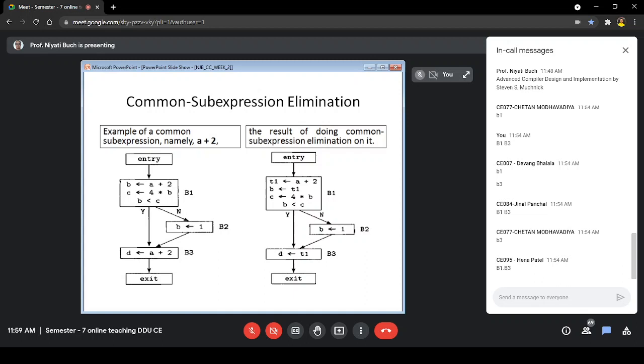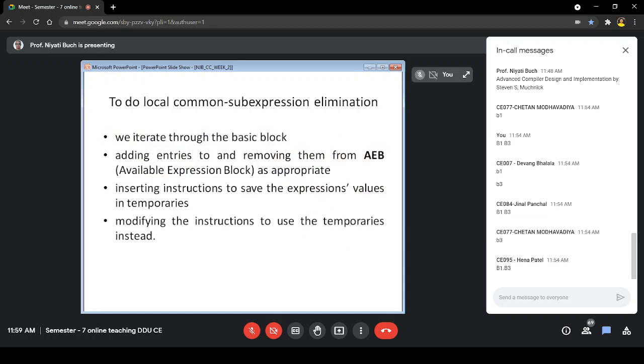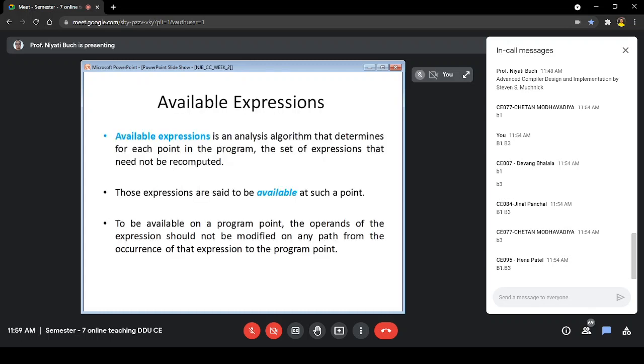So let's see how the technique goes. I think it is very clear that we will be involving temporaries, and we will be using something called available expression. Now formally defining what an available expression is. It is the name of our analysis algorithm that determines for each point in the program the set of expressions that need not be recomputed.